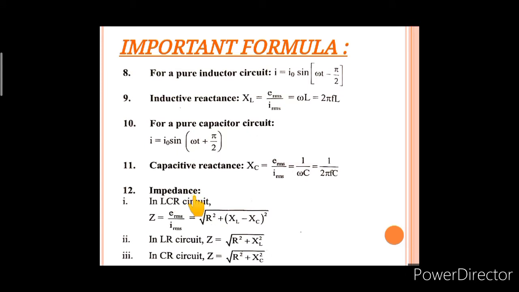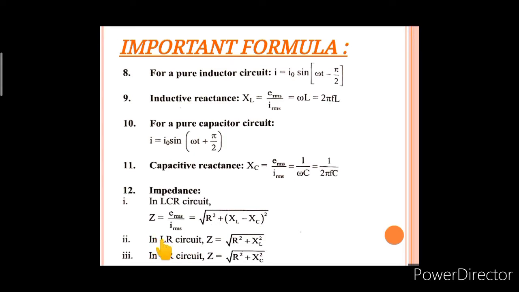Next, for the impedance in the LCR circuit, we have Z equal to E_RMS upon I_RMS, which is equal to square root of R square plus (XL minus XC) the whole square.